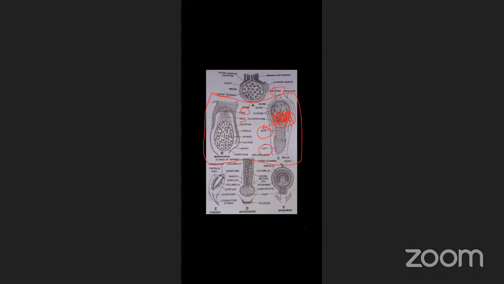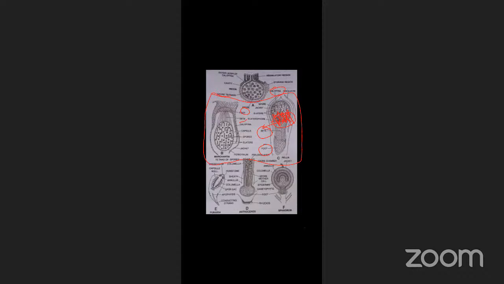Antheridiogonian cells and mother cells we have to write. Androgonial cell and androgonial mother cell, then androcytes, and then antherozoids, and then antheridia.